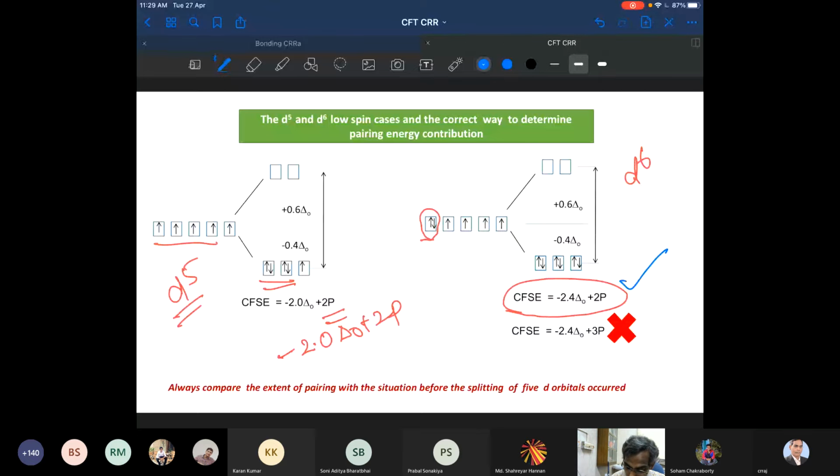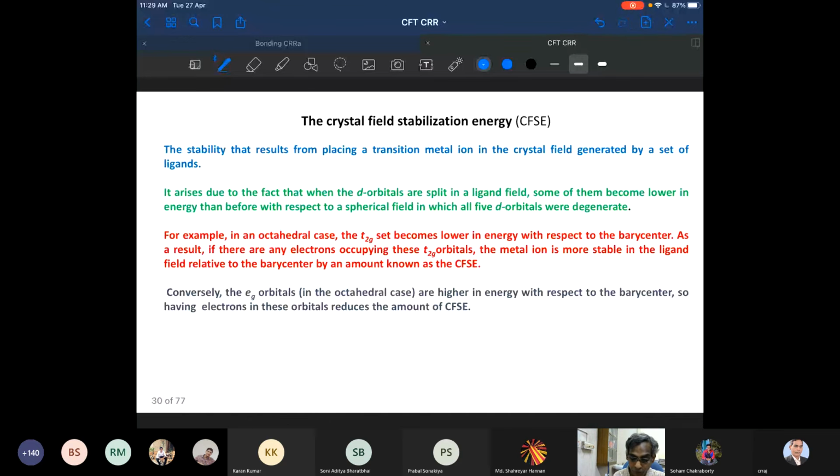This is the correct one. This cannot be, because already 2 electrons are paired up, so we should not show it here as a pairing. So only 2P, that's minus 2.4 del O plus 2P.